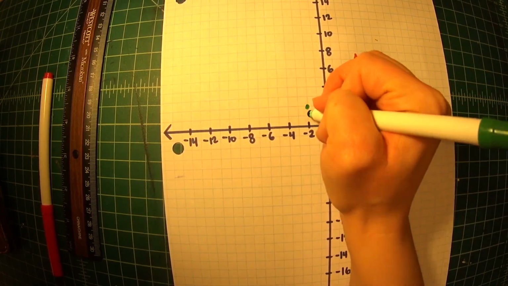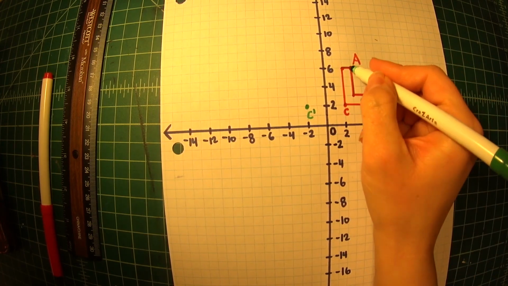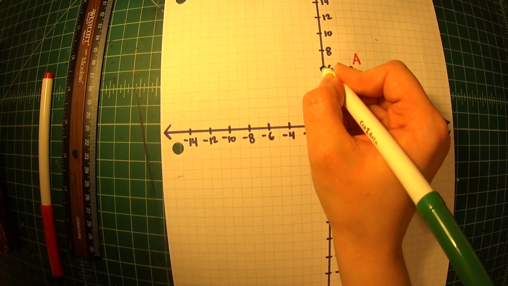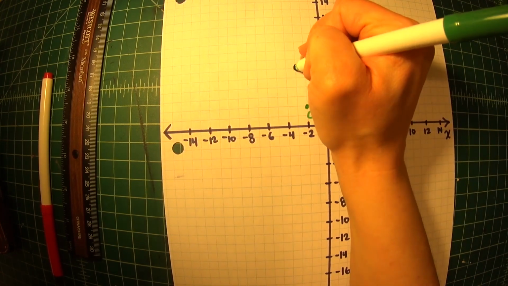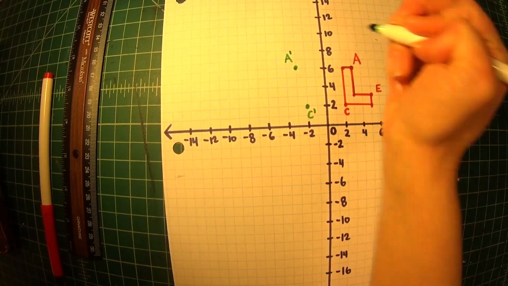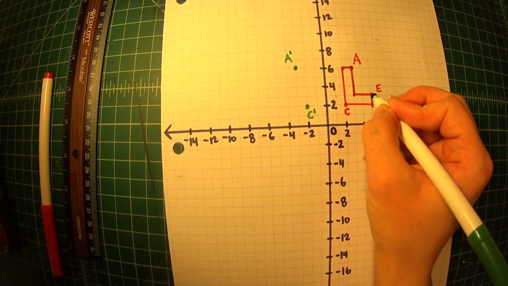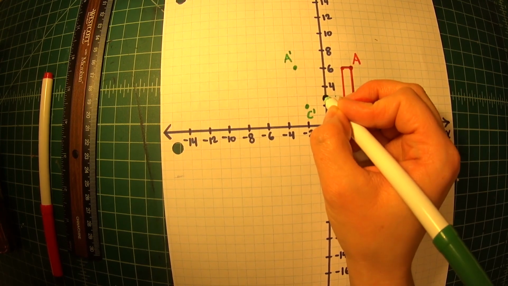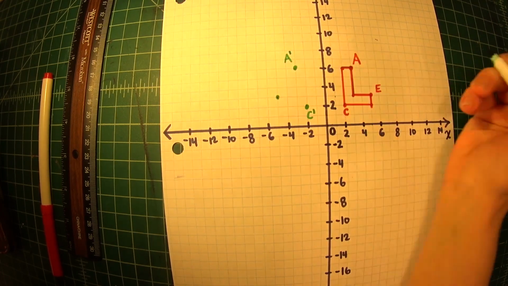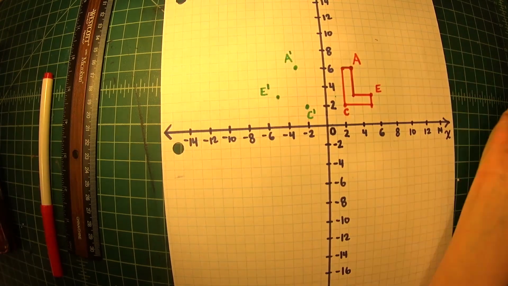There's our point, and we label it C prime. A is 1, 2, 3 spaces away, so we count 1, 2, 3, and we label it A prime. E is 1, 2, 3, 4, 5 spaces away, so we count 1, 2, 3, 4, 5 spaces away, and we label it E prime.